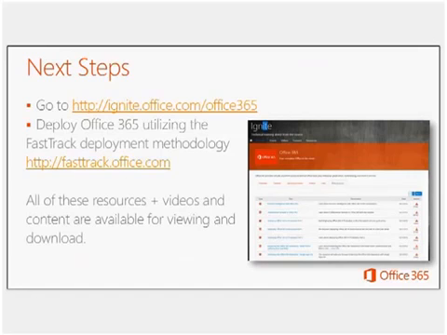If you're looking to deploy Office 365, really focusing in on the FastTrack deployment methodology, all of these decks from our sessions that we do around the world and on these webcasts are there, and videos, click-throughs, guidance, it all sits there on Ignite. Hopefully you guys are finding this to be a really great resource, because we're putting everything directly from our technical product management team and from engineering on this site for readiness.